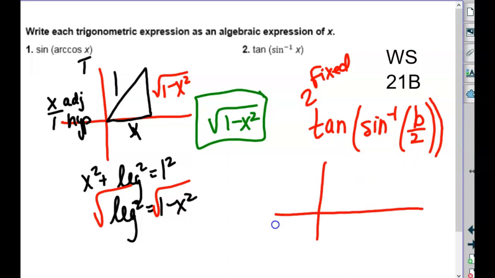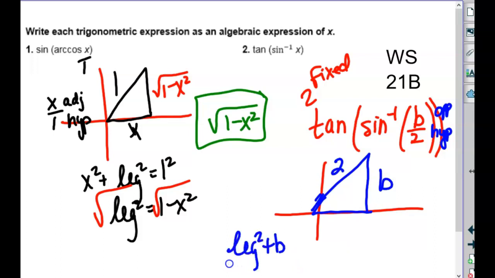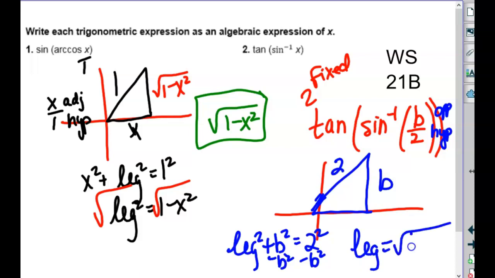So there is some angle whose sine is opposite over hypotenuse. So if this is a 2 and this is a b, what would the expression be for the bottom down here? Like a squared plus b squared equals 2 squared, so the square root of 4 minus b squared. Yes.